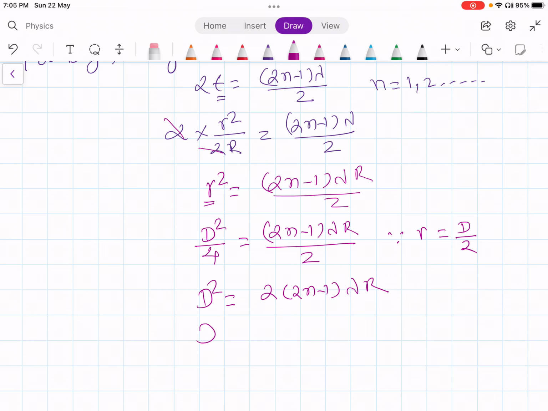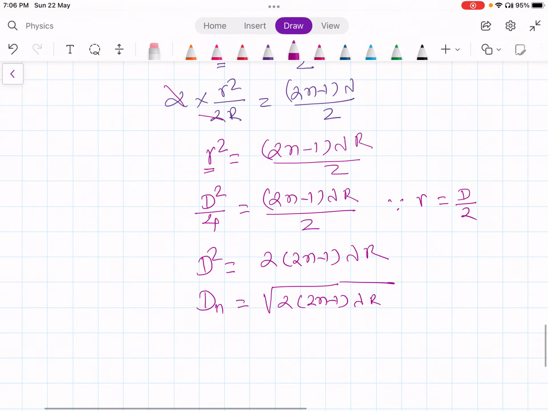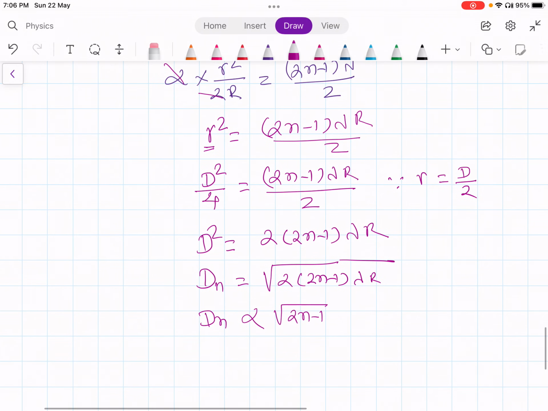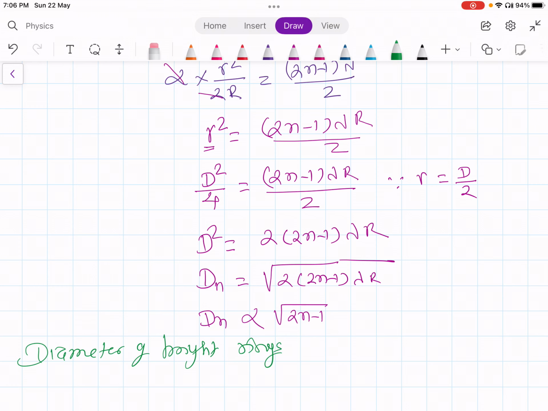So instead of just writing diameter square, I will write D suffix n, where n is the ring number, which would be equal to square root of 2(2n minus 1) lambda R. Or I can write this as the diameter of the bright ring is directly proportional to square root of (2n minus 1).